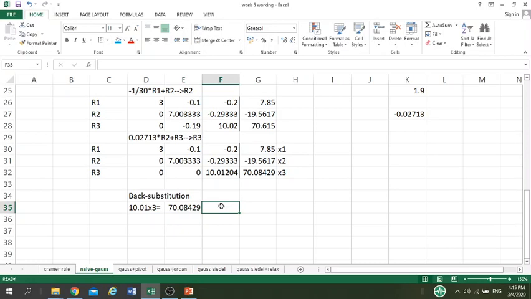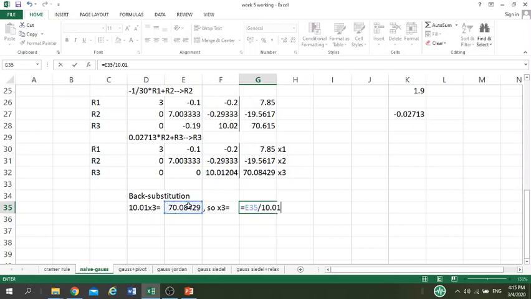So x3 is this number divided by 10. So it's 7.